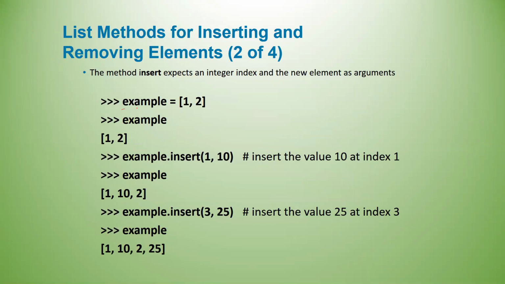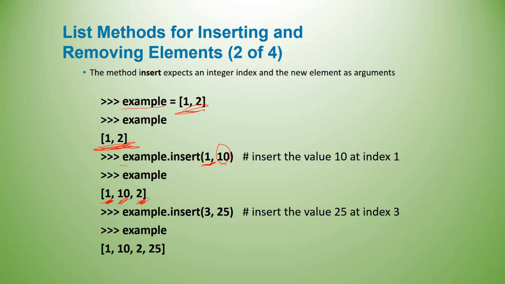So this is a list. And if you print it out, if you want to look at the content of that variable, that's what that is. And now you are saying insert 10 into index 1. So now you see you have the 0, that's 1, that is 10. And 2 is shifted to be the third element, index 2, right?